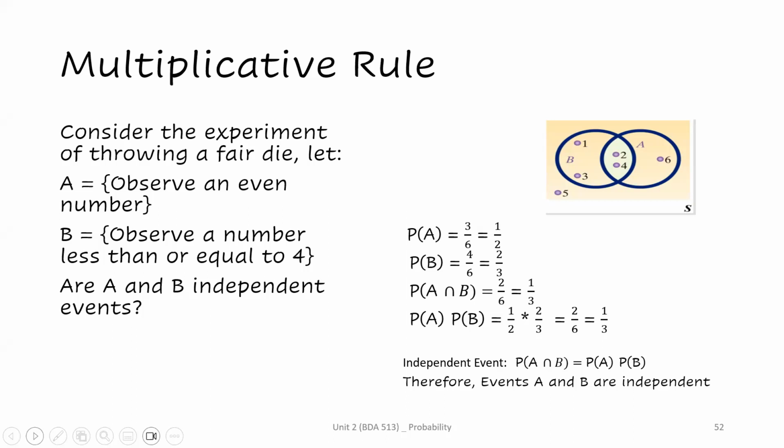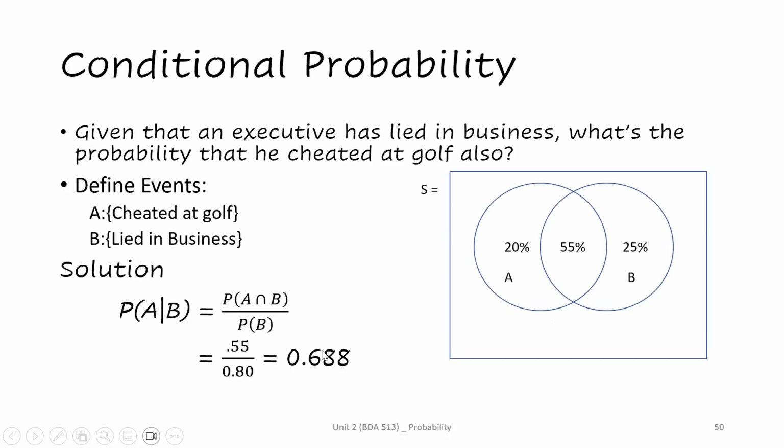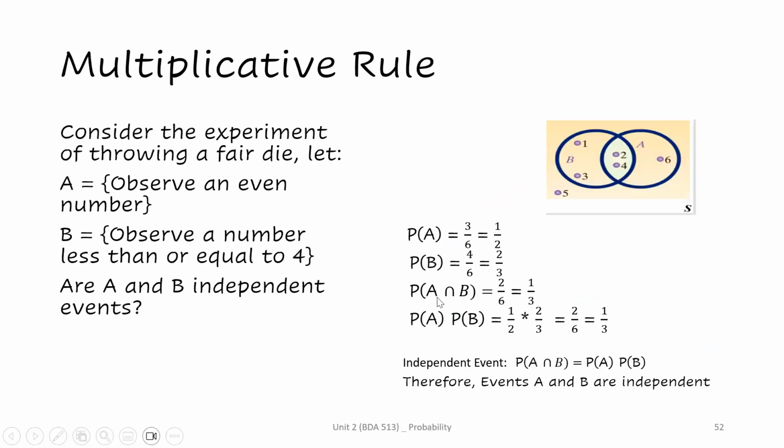Now we know that if the probability of A multiplied by the probability of B is equal to the probability of the intersection, that means that they are independent events. When we found the intersection of A and B, it gave us 1/3.